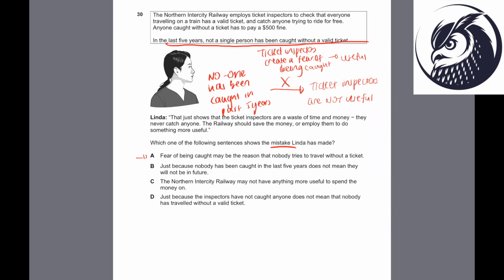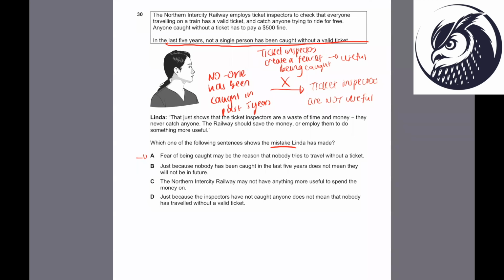So A very much does show the assumption that Linda's made, and it destroys the logic in her conclusion. So I think answer A is a very strong option, but we have to be careful and exclude all the other options. If we have a look at B, it says, just because nobody has been caught in the last 5 years does not mean they will not be in future.